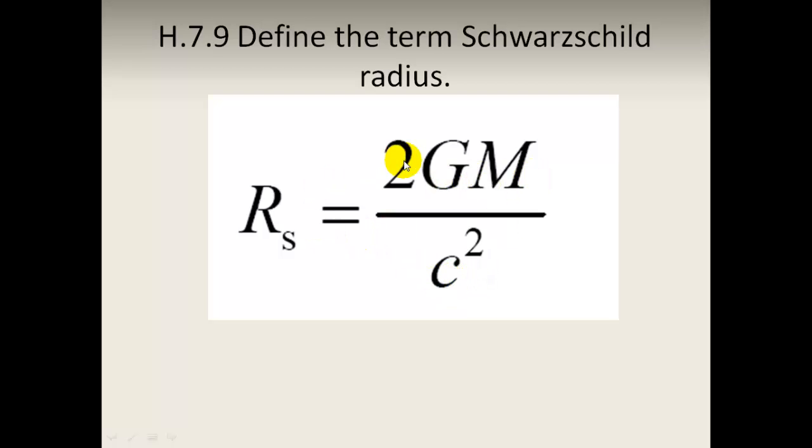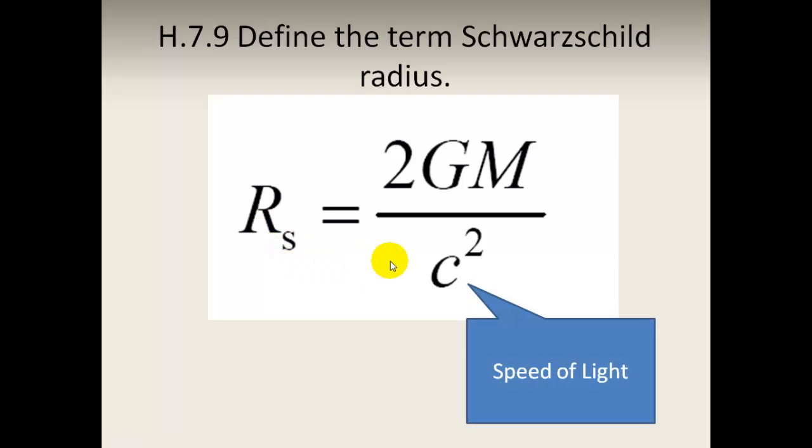You need to know what G, M, c and Rs are. So c is the speed of light, M is the mass of the material in the black hole, and r is not the surface of where the material reaches, it's the point where the event horizon is.